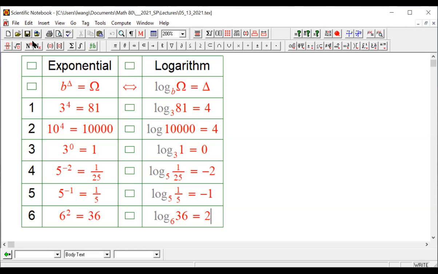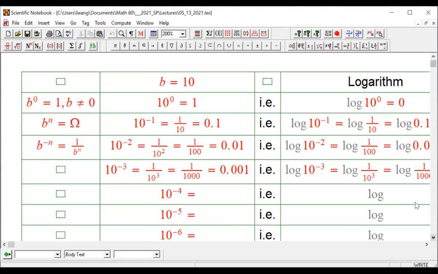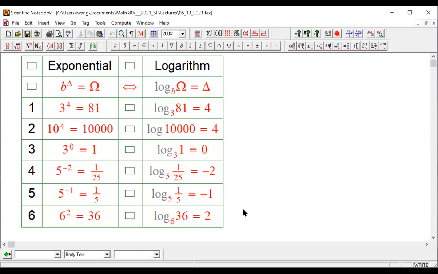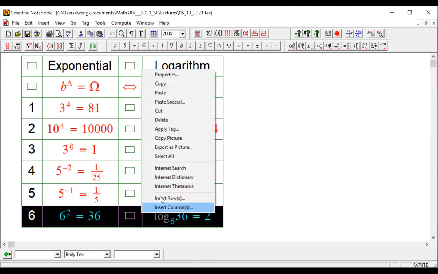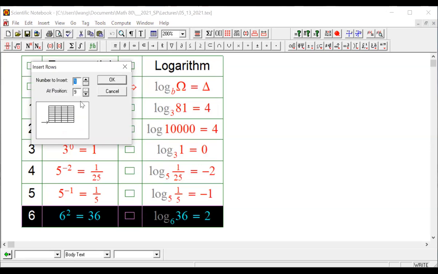Okay, so let's continue. Let's continue practicing this table. We're going to do a few more. Let's insert maybe 4 more rows.